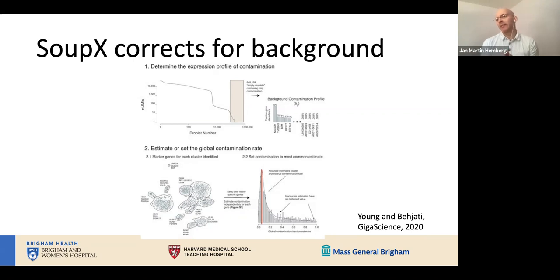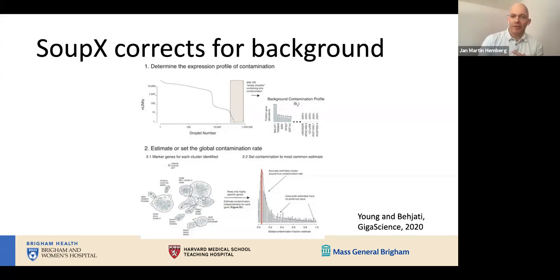I think the main drawback of this method is that it requires you to input a list of genes that should not be present in each of the cell types that you've found. So that really raises the bar in making this more complicated to apply.